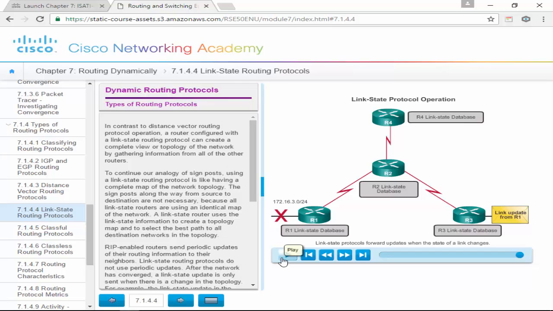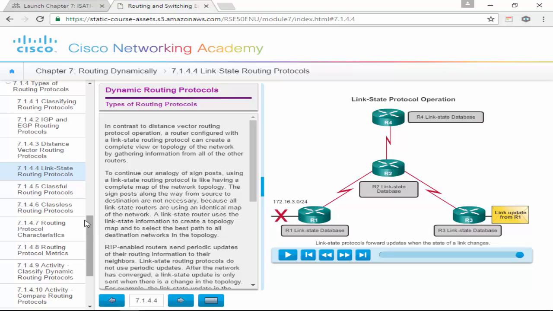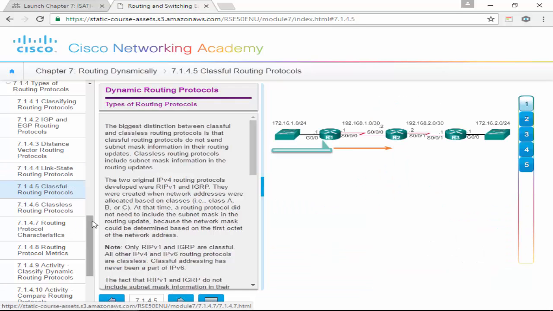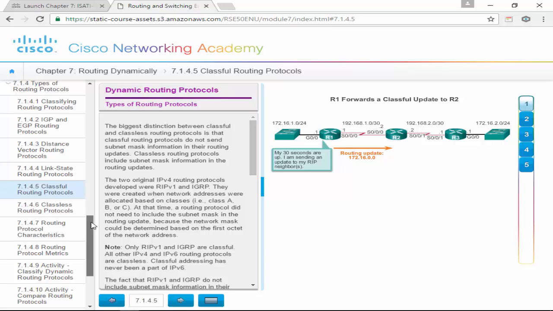Whereas on distance vector, you only know that you can get to a network because your neighbor can. Your neighbor says, hey, I have a route to this place. Do you know it? So you say, oh, now I know it because I go through you, but you don't actually know how you get there. Whereas link state builds a whole topology. So in link state, it's almost like a complete map.